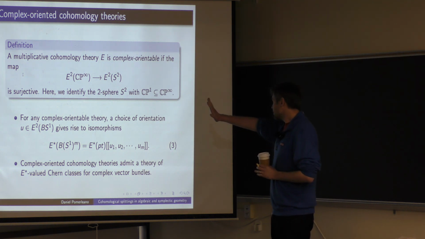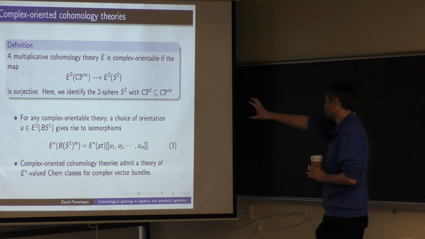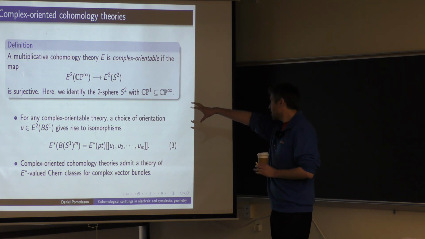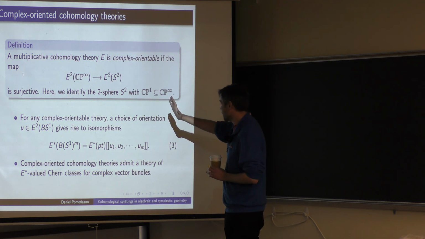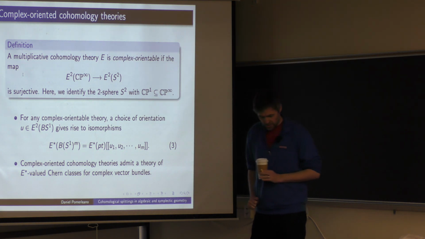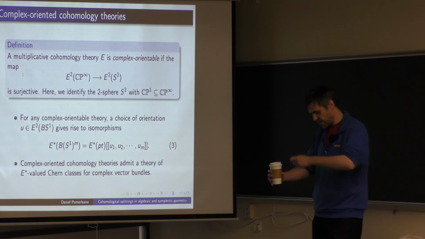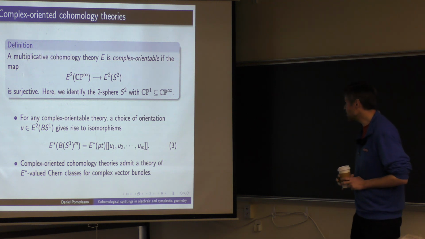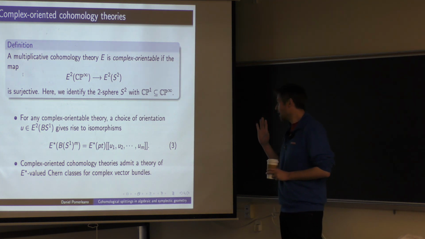As a general definition, we start with this very simple condition: something is complex orientable if, when you take CP infinity, your BS1, and restrict to S2, the restriction map on cohomology is surjective.